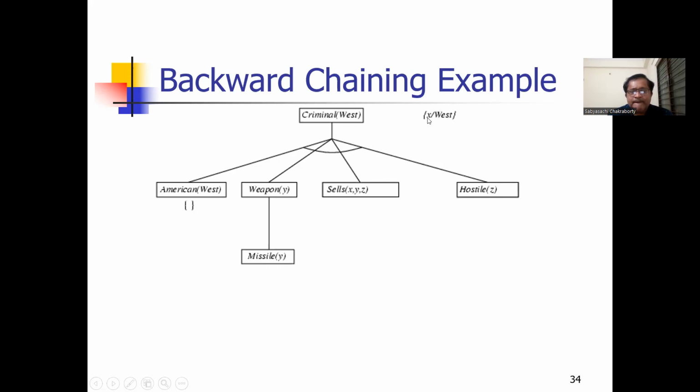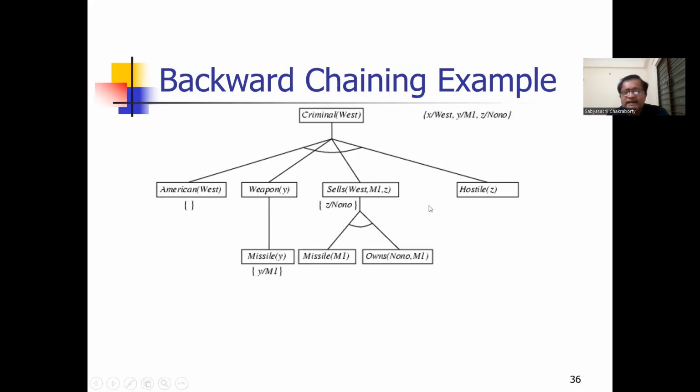Second step, weapon Y. Weapon Y is implied by missile Y, because missile Y implies weapon Y. So from weapon Y, we are backward tracking to missile Y. Y is a missile. Next, M1 is replaced by Y here. So M1 is a missile. We have this.